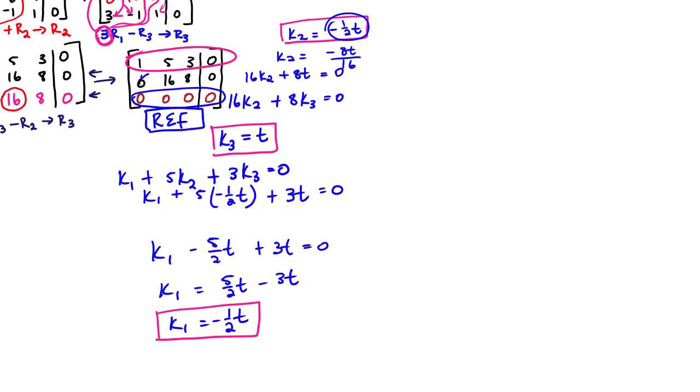In this case, we can conclude that v1, v2, and v3 are linearly dependent since k is not equal to 0. You can see that k1 and k2 are negative 1 over 2 t, and k3 is simply t.